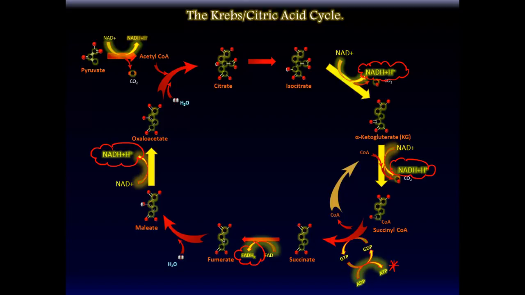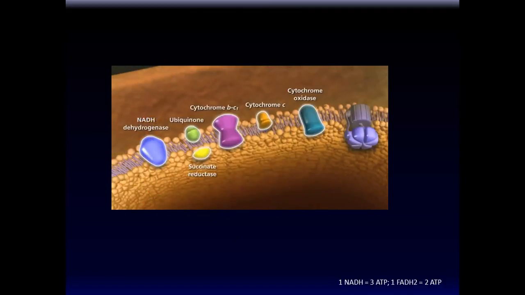So this is a brief overview of the Krebs cycle. If you want to familiarize yourself with this, you might want to draw a Krebs cycle using the actual formulas of these one time, and then it might help you that way. From here, all the electron carriers are going to take their electrons and donate them to the electron transport chain, which is located in the inner mitochondrial membrane over here.